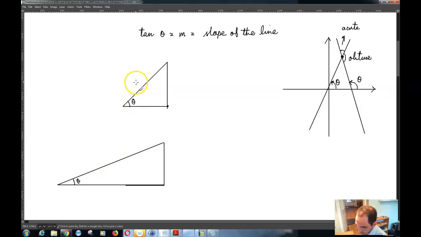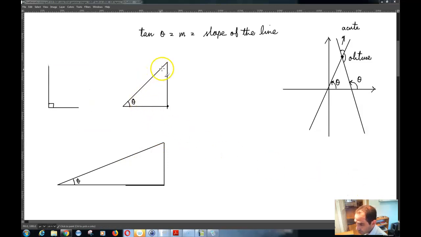Over here, as you can see, as theta grows, the line is going to be steeper and steeper until you get to 90 degrees over here, at which stage we can forget about this side of the triangle.